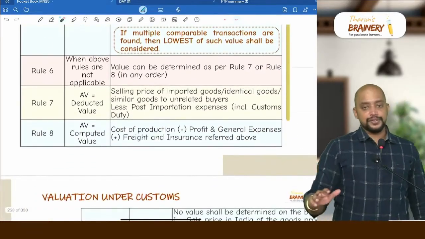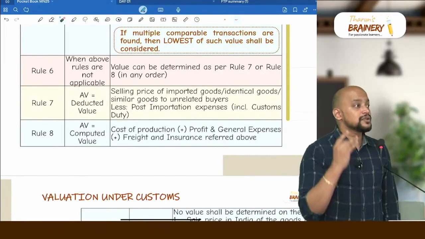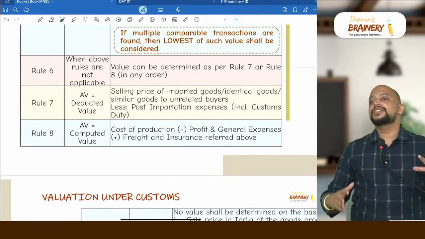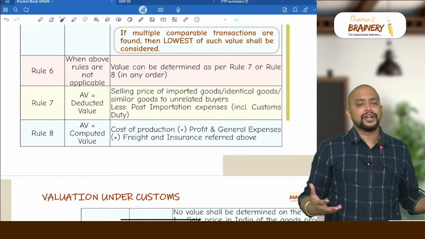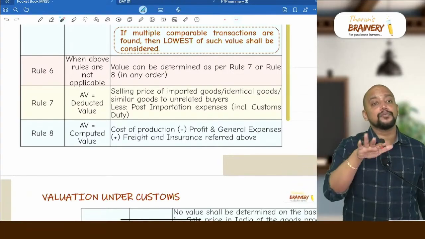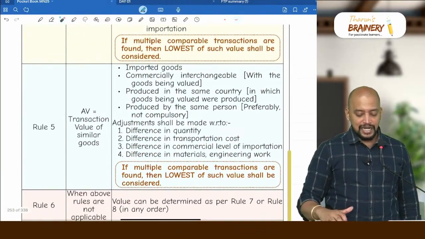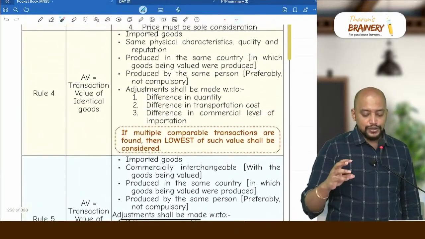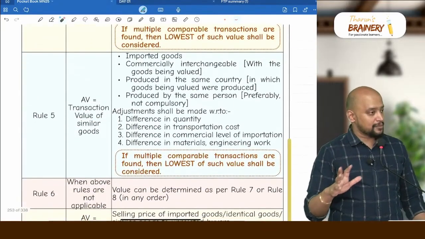Then suppose this is rule 3 transaction value, rule 4 identical goods, rule 5 similar goods. Rule 6 says if you are unable to determine identical goods or similar goods, means such kind of goods are not imported, and it should have been imported at or about the same time. That is the words that they are using, at or about the same time. Okay, so identical goods also at or about the same time, and similar goods also at or about the same time.